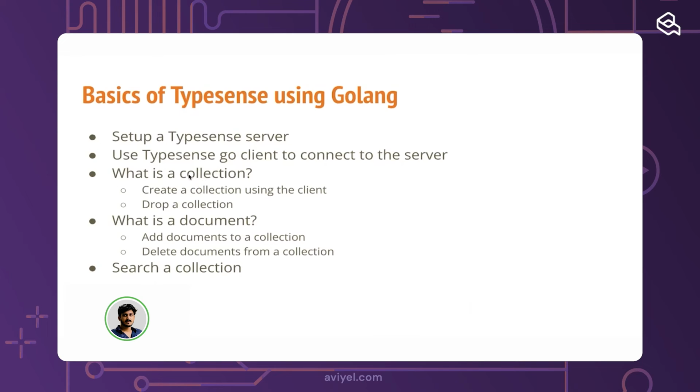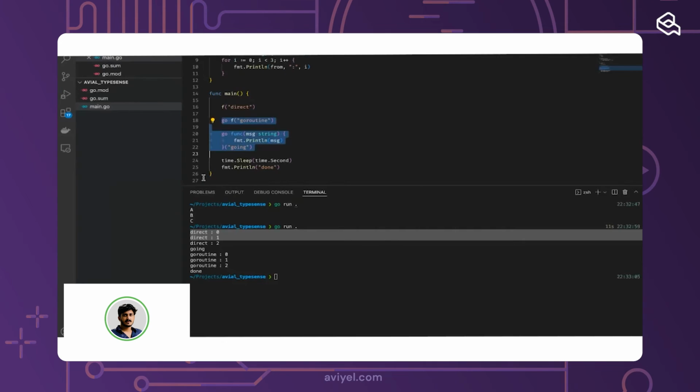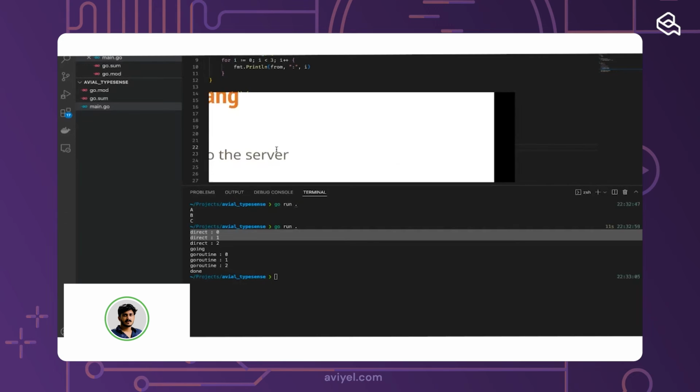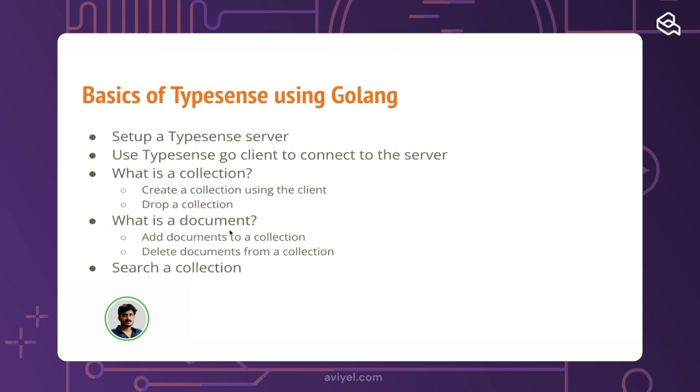In the case of Typesense, it is more similar to MongoDB, NoSQL databases, where a collection will have a lot of documents within it. We can only search within a collection in Typesense. Similar kinds of documents will be stored in the same collection.